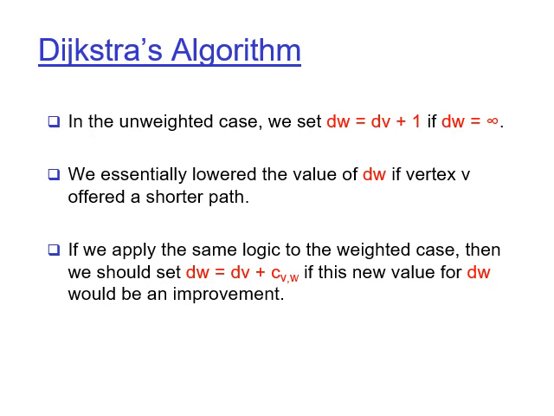So dW, the shortest path of node W from S, is equal to the shortest path from S to V plus the cost of traversing the edge from V to W, if this new value for dW would be an improvement. Only if dW would be improved, then I will update dW.